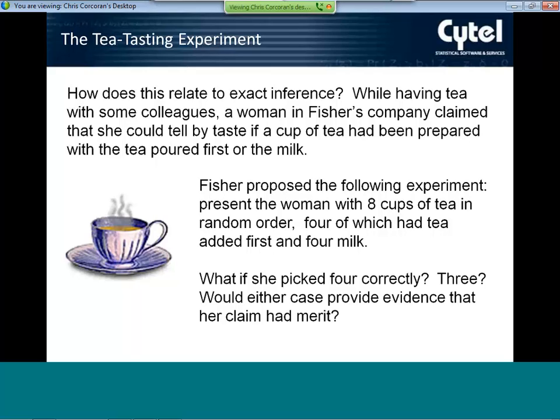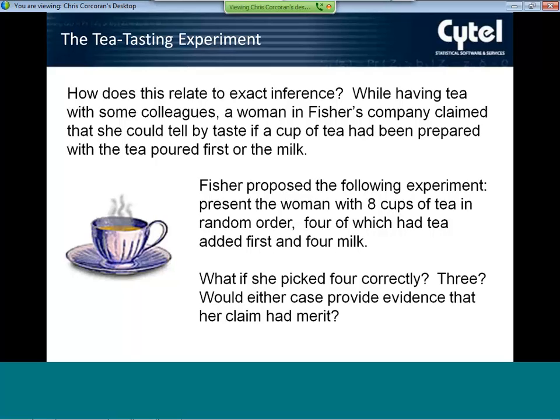And the question is, once she actually tastes these cups and makes her guesses, how convincing would that be in terms of the result? In other words, if she picked all 4 of the tea first cups correctly, would that provide evidence for us personally that she knew what she was talking about? Or only 3?